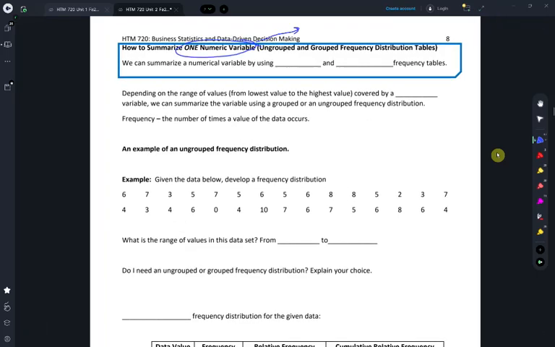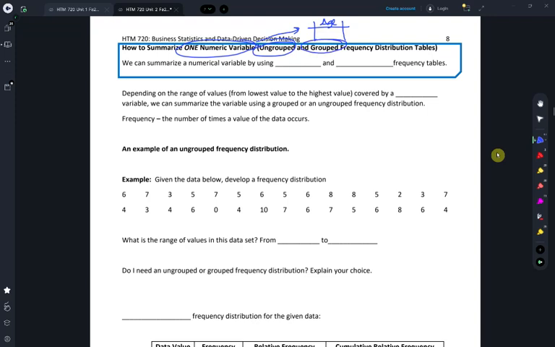In this video, we want to move on to numerical variables. So let's say you've collected data on the ages of students in a class. How would you analyze or summarize or condense that data into a human digestible form? Well, that will depend on whether we should use a grouped or an ungrouped frequency distribution table.